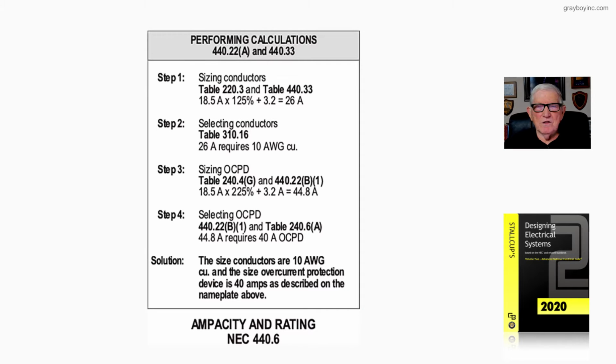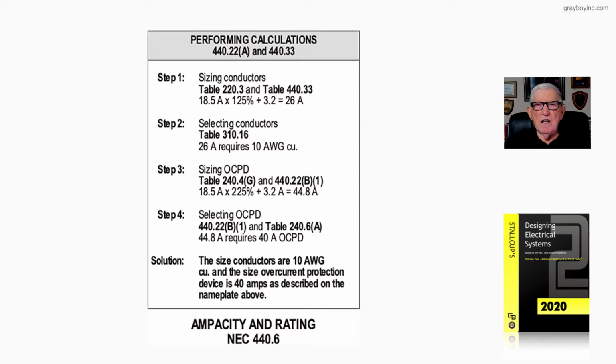Now this illustration 19-1 continues showing the calculation procedure. Notice step 1. We reference table 220.3, which refers you over to Article 440, and we would pick up 440.33 dealing with a compressor plus a condenser motor.